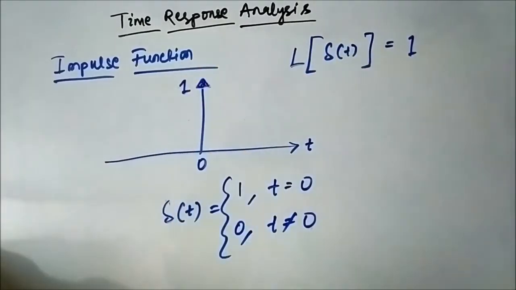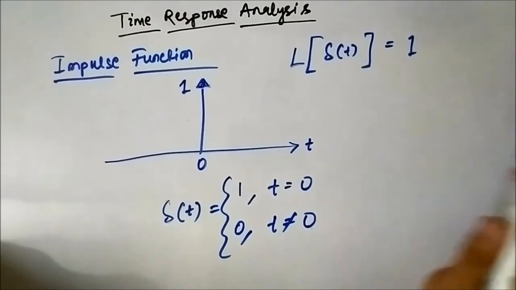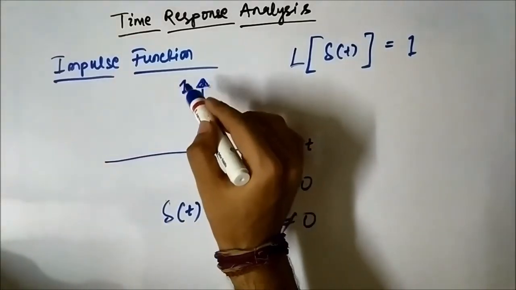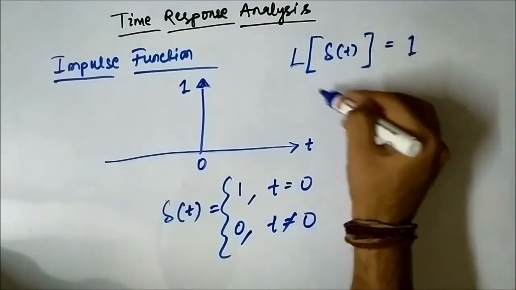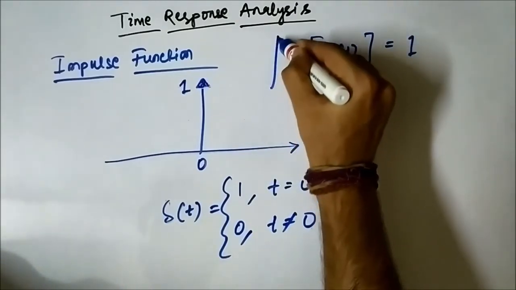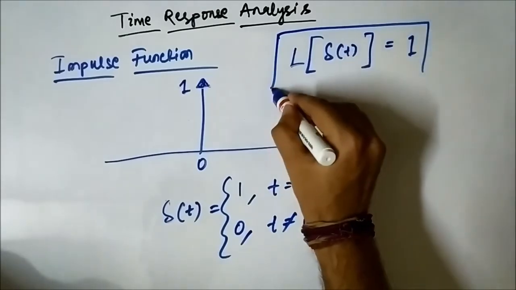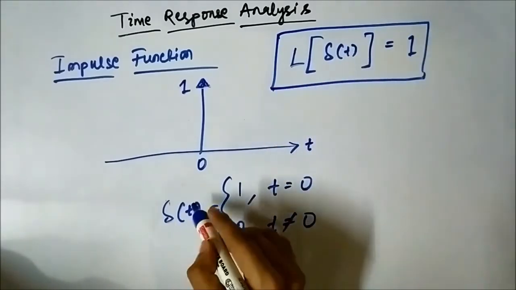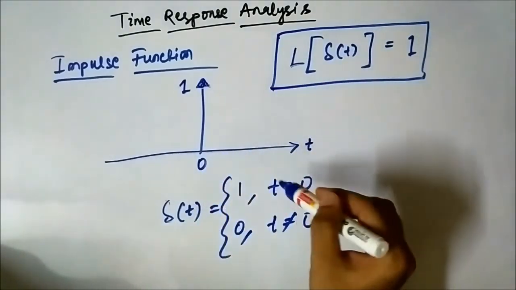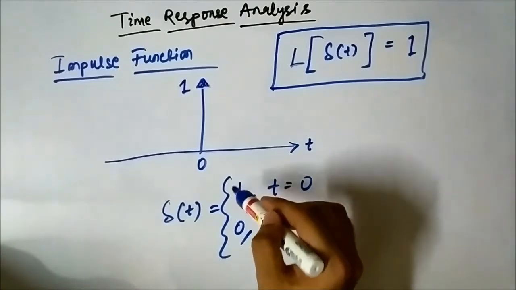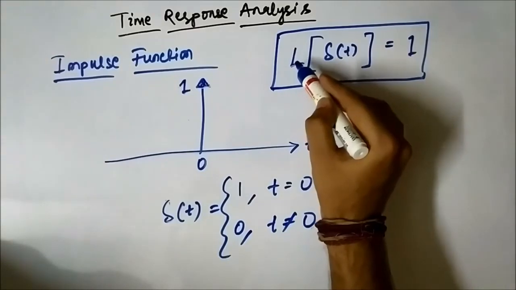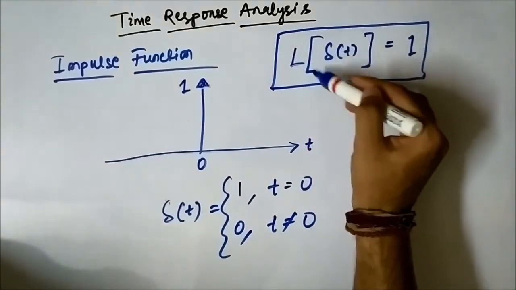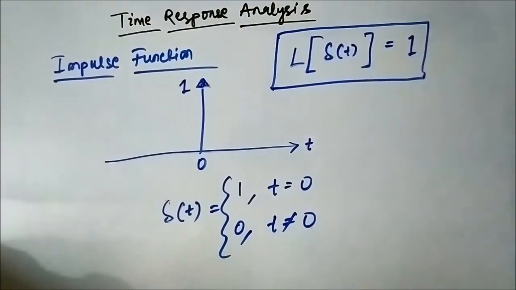This is the unit impulse function, since it has a value equal to unity. So the first important characteristic is that it exists only at t equals to 0 and has a value equal to 1, and it is 0 everywhere else, and the Laplace transform of the unit impulse function is equal to 1.